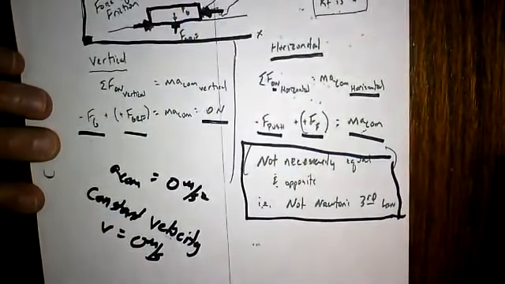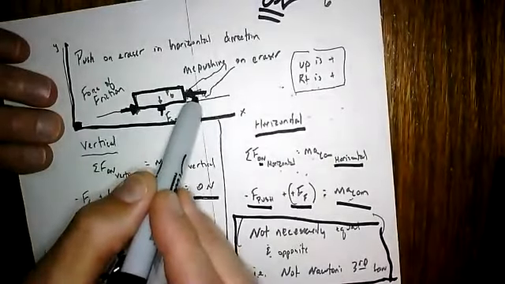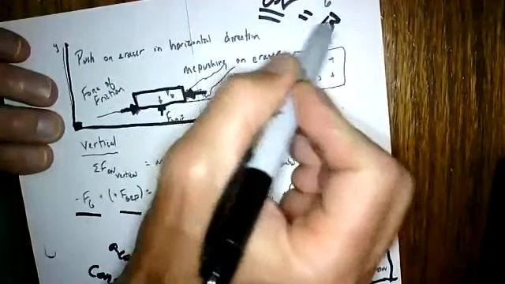Newton's third law states for every force acting on the object, there's an equal and opposite force created by the object. Two different things, okay? We are only going to identify forces acting on the object. We are not going to identify forces created by the object. These two forces do not need to be equal to each other.